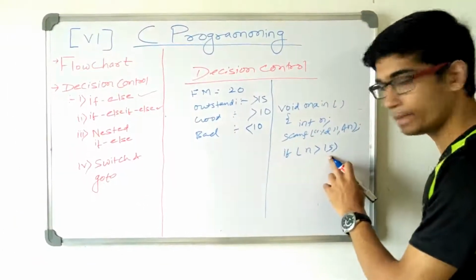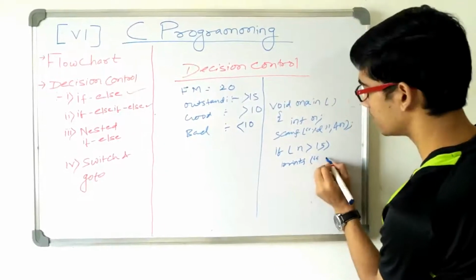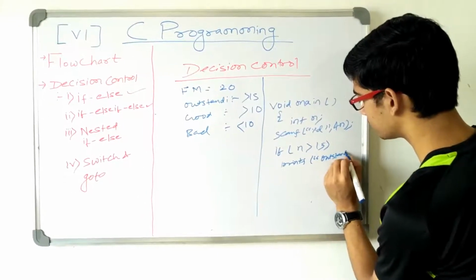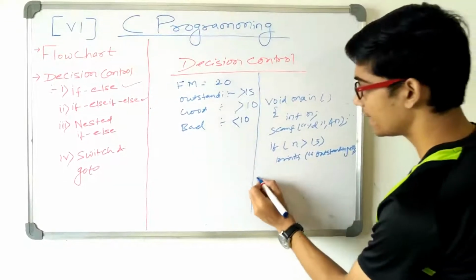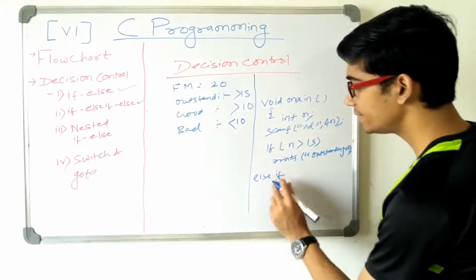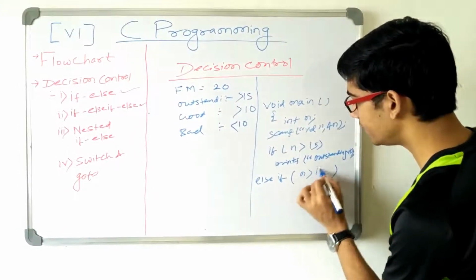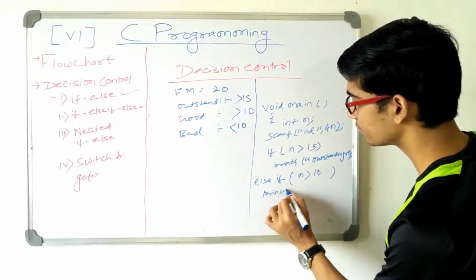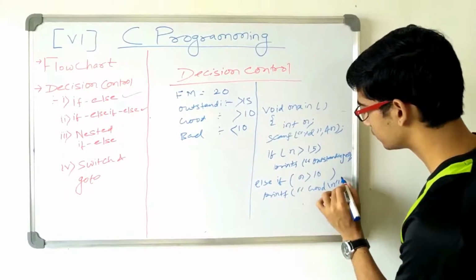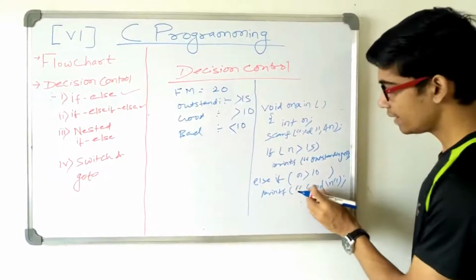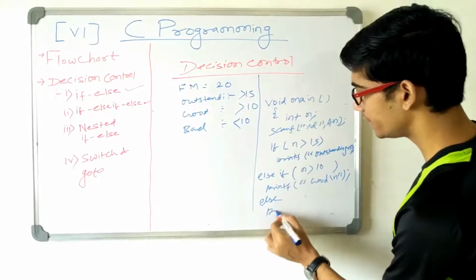If n is greater than 15, then we print outstanding. Okay. Else if, again there is an if statement, else if. So we have to put a condition. What is the condition? n is greater than 10. Then printf good. See, I am using \n so that our output is shown on a new line. Else, what will be printed?